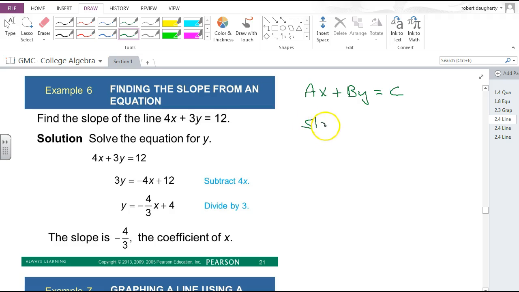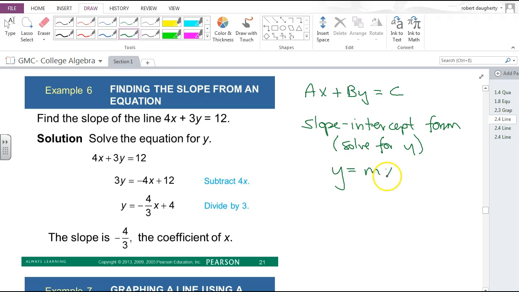The slope-intercept form of a line is basically just a fancy way of saying solve for y. So when you solve this for y, you're going to get y equals mx plus b. This will give you your slope, and this will be your y-intercept.